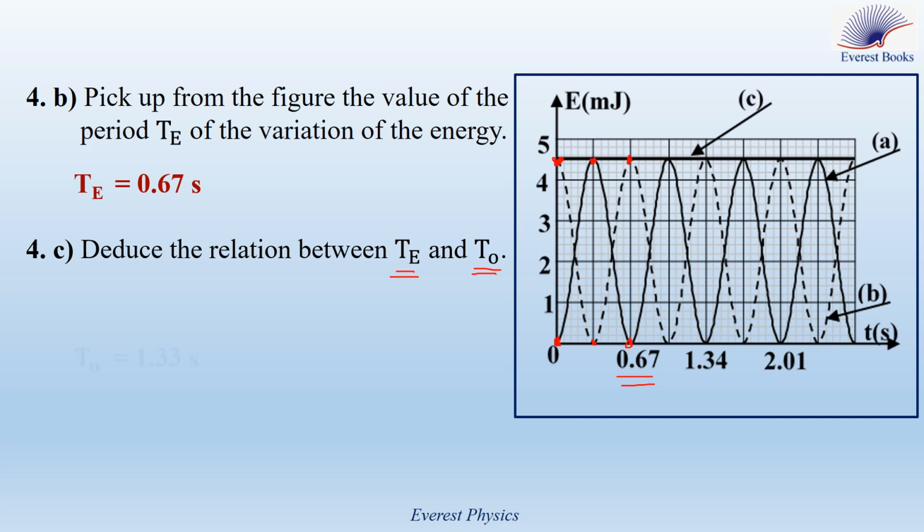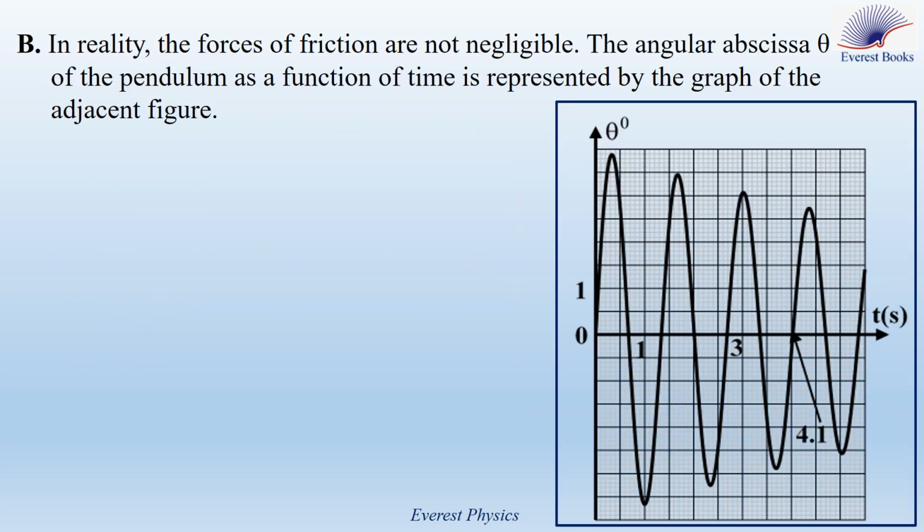In a previous slide, we calculated the value of the oscillation period. It is 1.33 seconds, but the period of the energy is equal to 0.67 seconds. Therefore, the oscillation period, or the natural period of oscillation, is equal to 2 times the period of the energy.